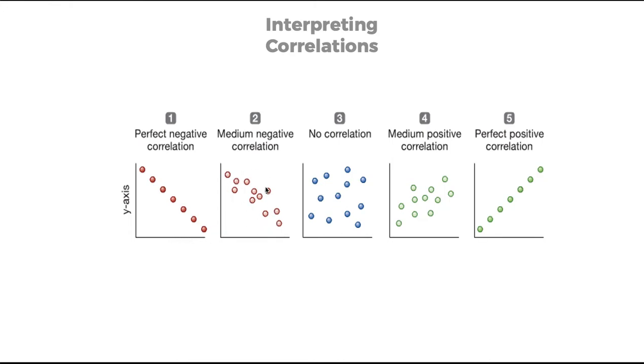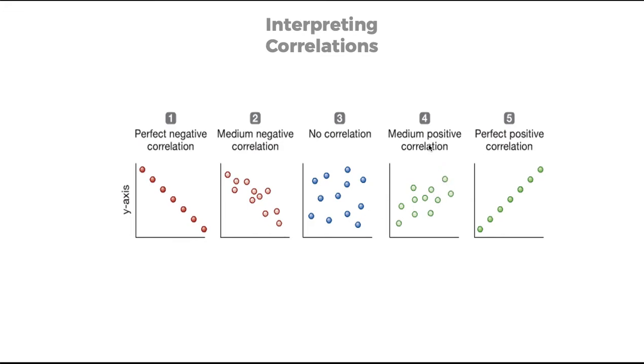Here you can see that there's still a trend. We can make out that they are in this sort of negative pattern, but they're not as tightly compact as they were over here in the perfect negative correlation condition. With number 3, you see that the dots on the scatter plot seem to just be posted willy-nilly, and there is no pattern. You can't discern any kind of line. That would tell us there is no relationship between these two variables.